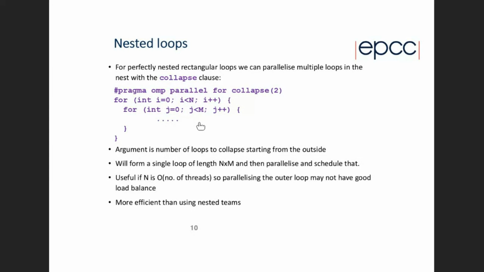Then for this particular case, if you want to parallelize more than one loop in the nest, you don't need to use nested parallelism. What you can do is use the collapse clause, which applies to the work sharing for or do directive.